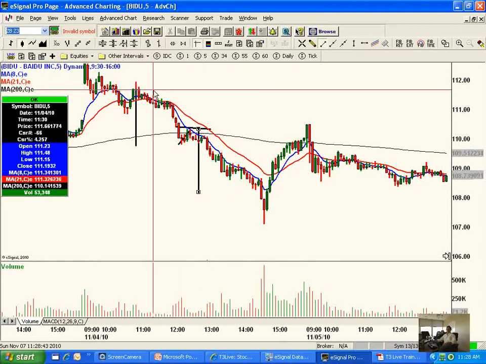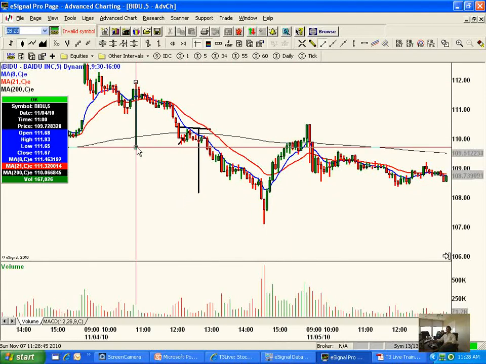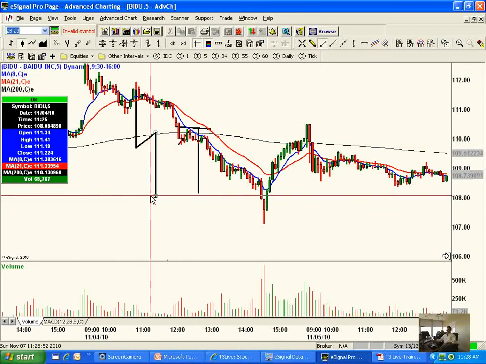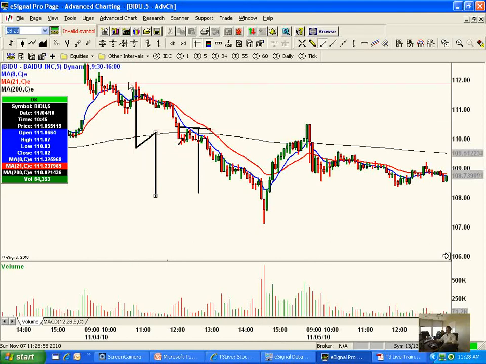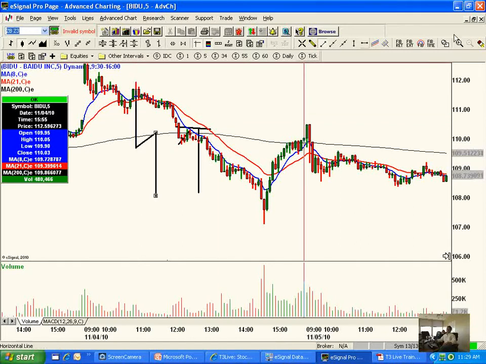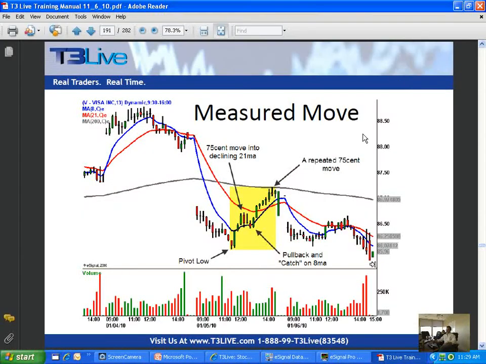So what we say is A down, B up, and C down are the same. This is a 100% extension of this distance. So that's what we're saying about the measured move and the 100% fib extension are basically the same thing.